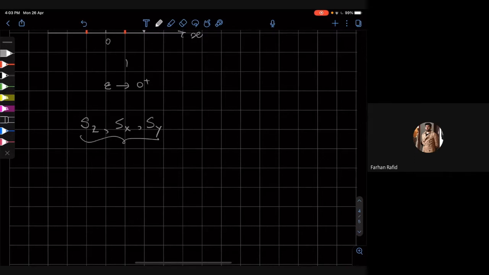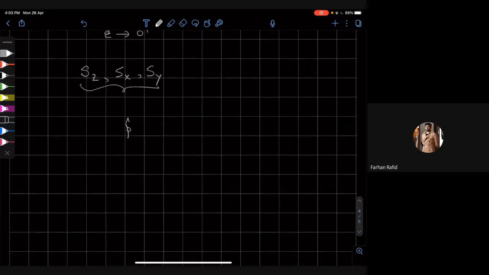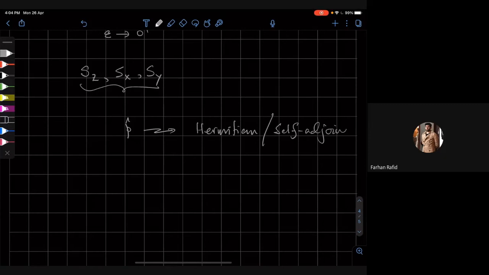So in the continuous case, how is P a Hermitian operator? In the continuous case, this is called a self-adjoint operator. The two are almost the same, but not quite the same. So this is a self-adjoint or a Hermitian operator.